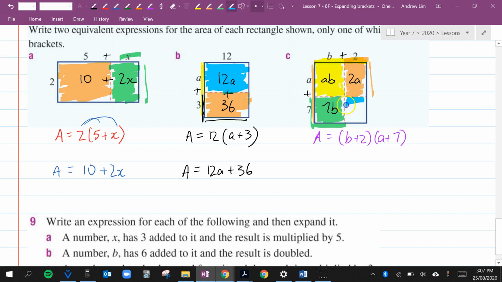And the area of this rectangle is 2 times 7, which is 14. So in total, the area is technically ab plus 2a plus 7b plus 14. It doesn't matter what order you write them in, as long as you have them all correct.